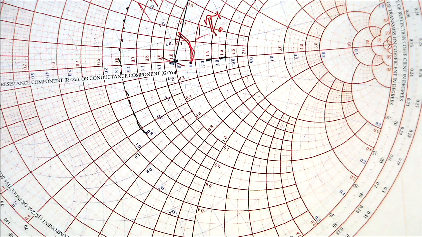If I'm talking about a portion of the wavelength, of course you reach the same phase at different frequencies. But if I'm talking about the actual length of the line, 5 centimeters, 2 millimeters, 1 meter, it's different for different frequencies.